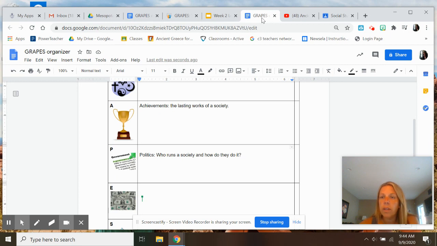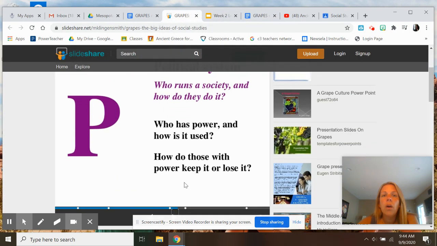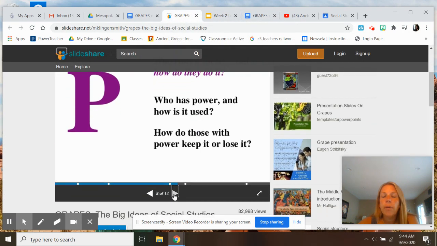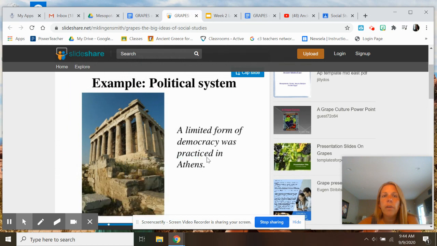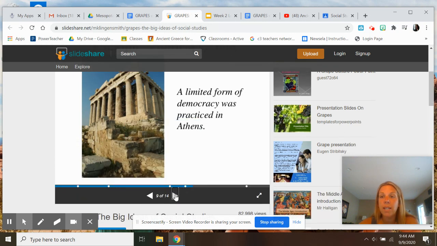So this has to do with government powers. How do those in power keep it or lose it? Different government styles. So here for ancient Greece, their political system was a limited form of democracy was practiced in ancient Athens. And we'll get to that toward the end of the year.